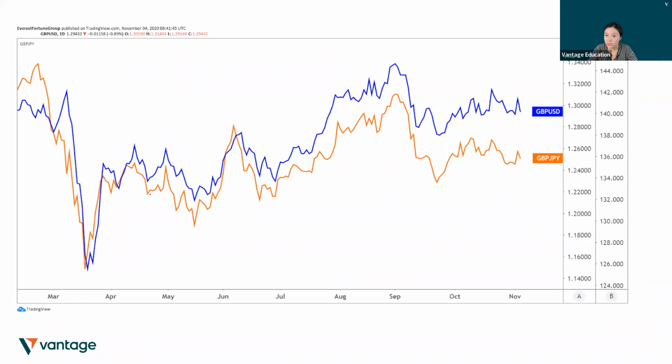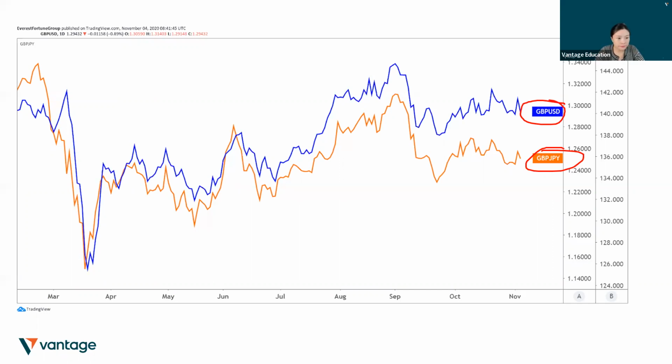Okay, so in this case, we are looking at GBP USD and GBP JPY. So you can see whether this is positively or negatively correlated. Is this positive or negatively correlated?